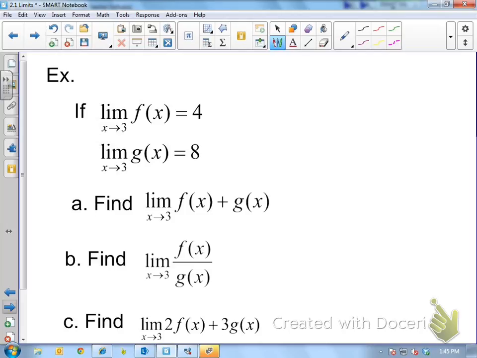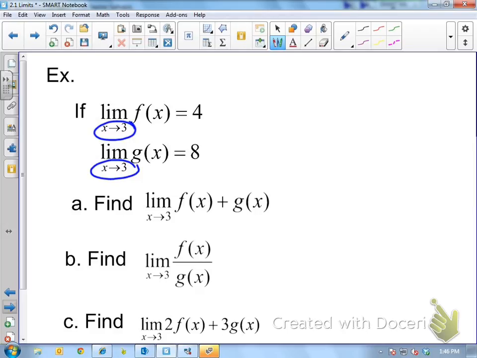They approach the same x value. It has to have that approaching the same thing. For all the properties of limits, it's always x approaching c, because they have to approach the same thing. If one said x approaching 3 and one said x approaching 5, then we couldn't do any of the things we're about to do.